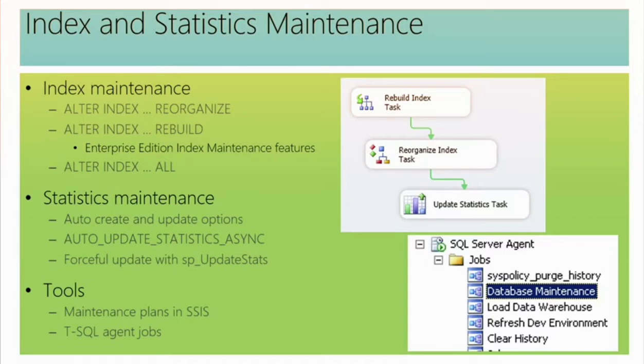Rebuilding takes more time. Enterprise Edition has some online versions of the maintenance operations. And a curious thing: when I reorganize an index, if I cancel that in the middle, the work that's been done up to that moment is retained. If I cancel a rebuild, well, it never made it to the finish line. That I'm not able to use.